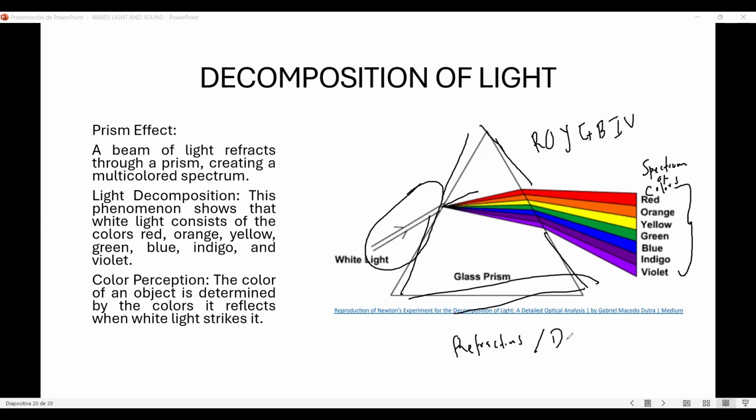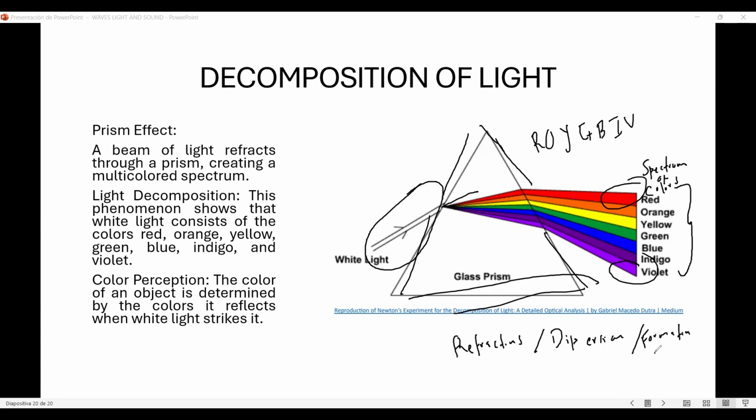Also, there is a dispersion of colors, because each color has a different wavelength. Red light bends the least, while violet light bends the most.